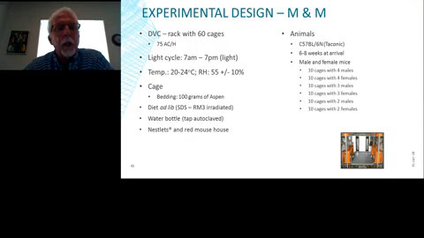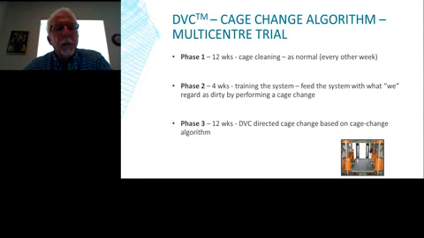I just wanted to show you an experimental design for a very similar beta study, not using as many cages, only 60 cages, with 10 animals at different stocking densities, and getting results much similar to the previous study: phase 1, phase 2, and phase 3, looking at the differences with the DVC-directed cage change-out and cage change algorithm as the final phase 3.